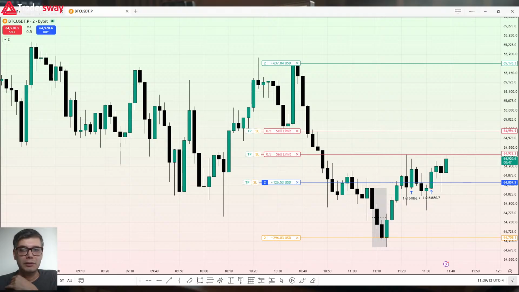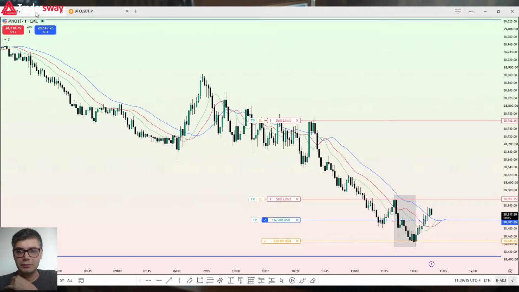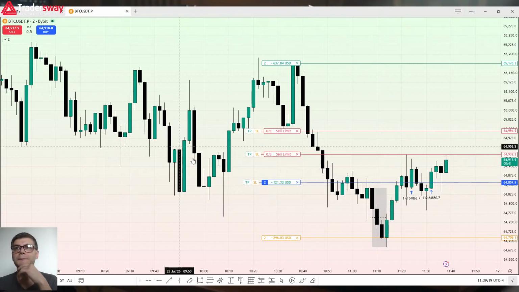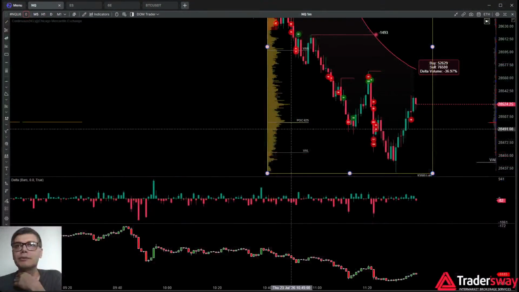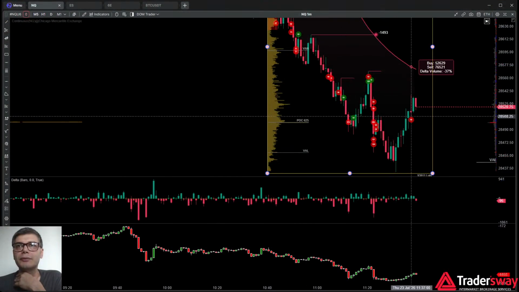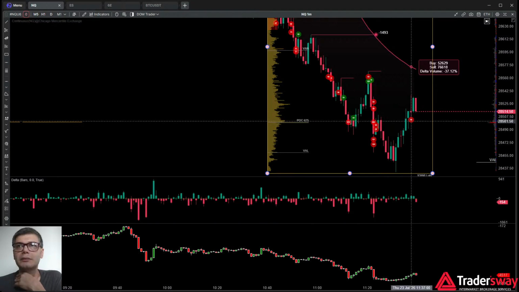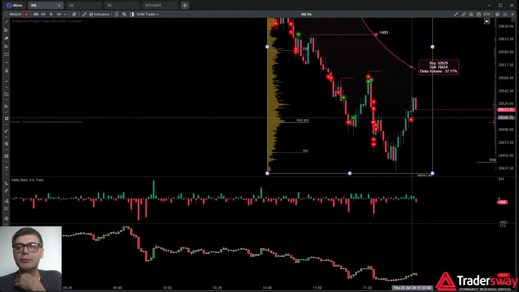Let's look at NQ. NQ is completely above the point of control. So if this can hold over here, it held in here. So that's some sort of good news. It held here.